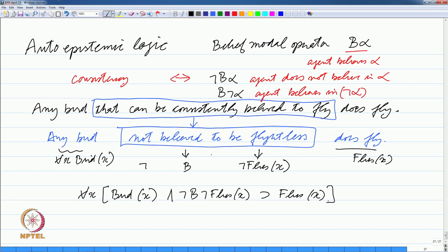Of course, and has priority over this thing, so we can put a bracket if you want. So, if x is a bird and you do not believe that x does not fly, then x flies essentially.